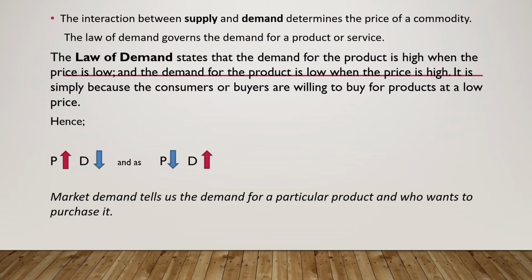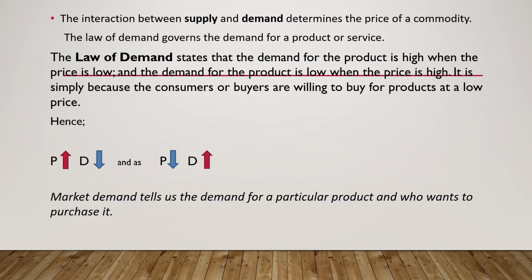The law of demand governs the demand for a product or service. The law of demand states that the demand for the product is high when the price is low, and the demand for the product is low when the price is high. It is simply because the consumers or buyers are willing to buy products at a low price.